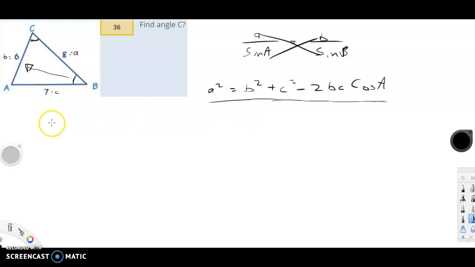So we'll have 8 squared equals 6 squared plus 7 squared minus 2 times 6 times 7 times the cosine of A. And A, oh no, I messed it up, right? Because cosine A would get us this angle here. So that won't work, right?